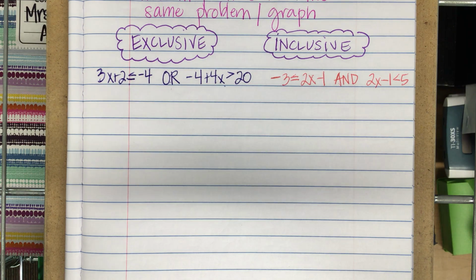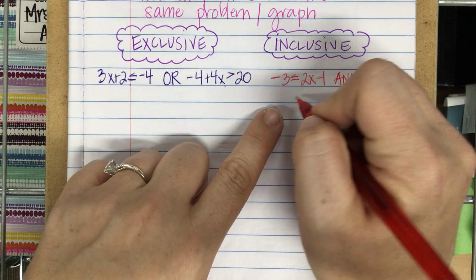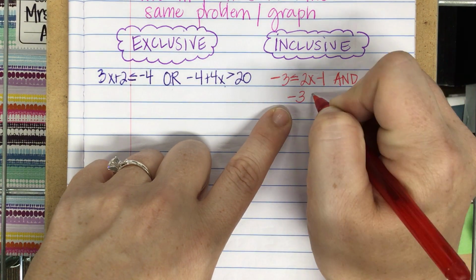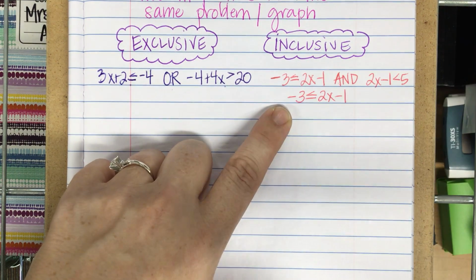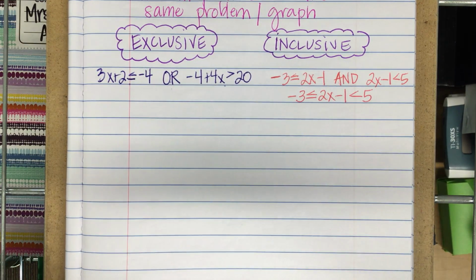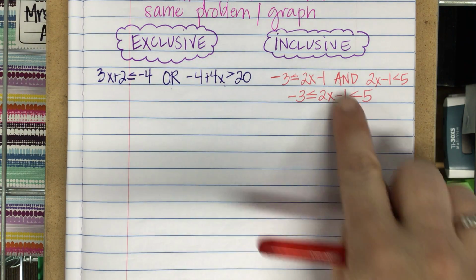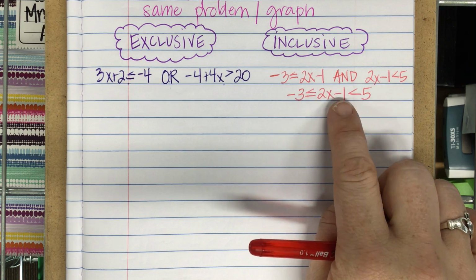There is another way of writing inclusive, which is the way I prefer. -3 is less than or equal to 2x minus 1, which is less than 5. This way is the most common way of saying an inclusive.